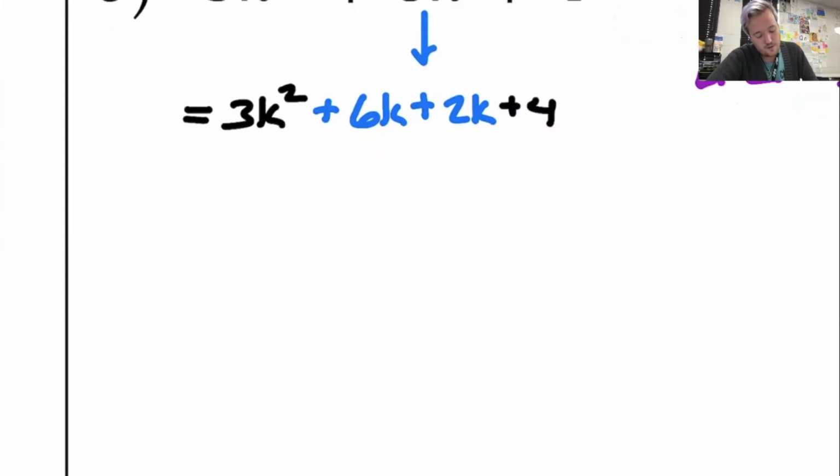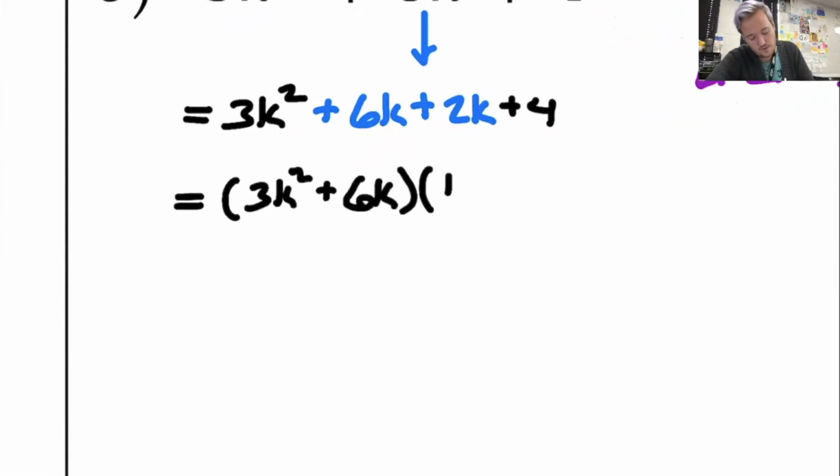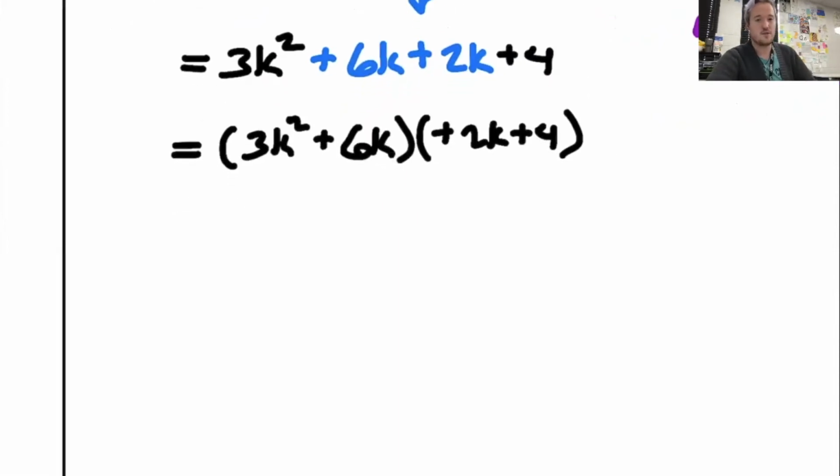All right, so now I'm going to do my grouping. So the first 2 terms are going to be grouped together, and then my last 2 terms are going to be grouped together. Now I want to find the GCF of each group. So of the first group, between 3k squared and 6k, I can take out a 3k.